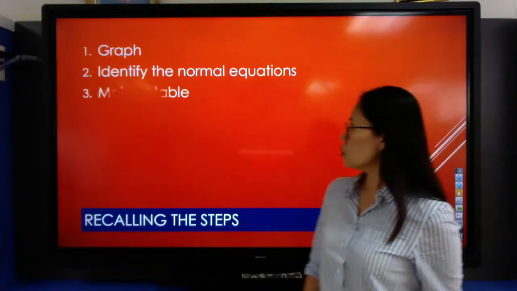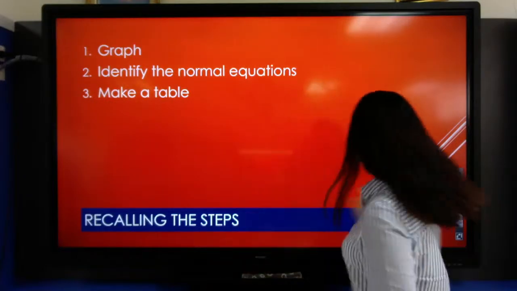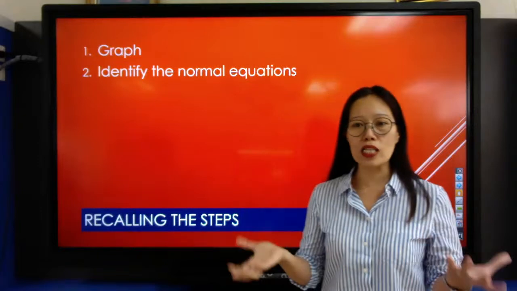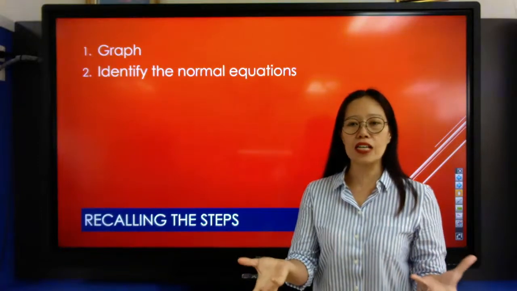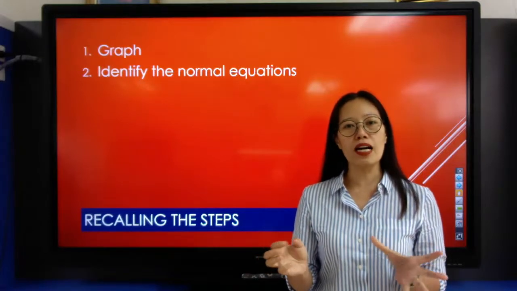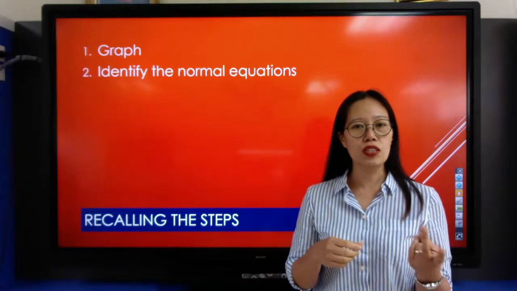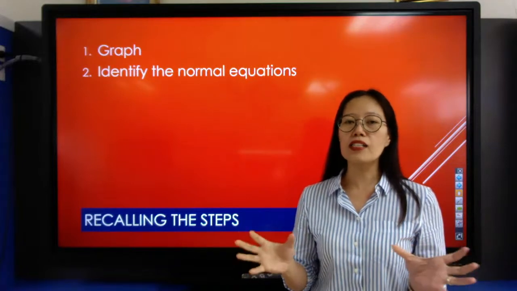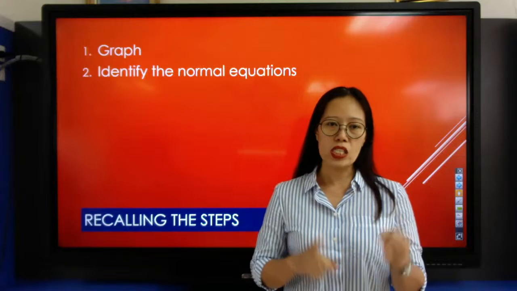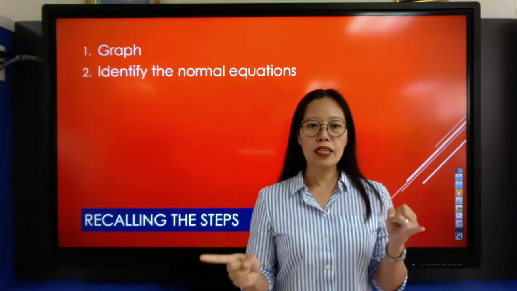And then step number 2, we're going to identify the normal equation. Remember that if you have a linear function, you'll have two normal equations. Why? Because a linear function has two constants, right? The number of constants will tell us the number of normal equations. So if it's linear, there are two normal equations.